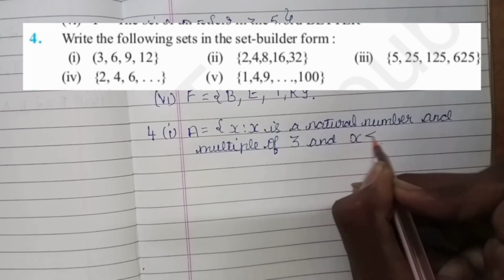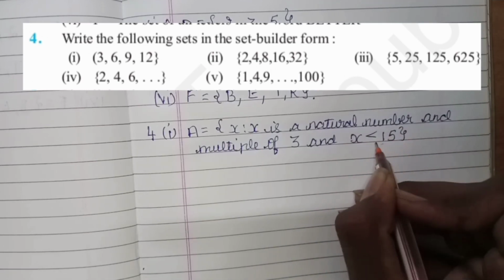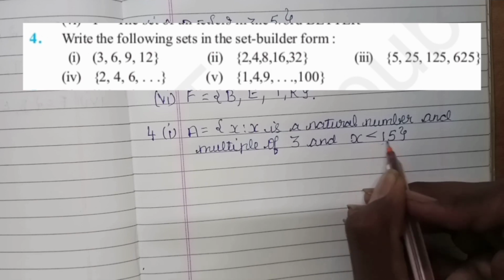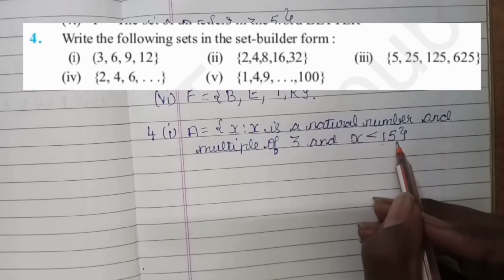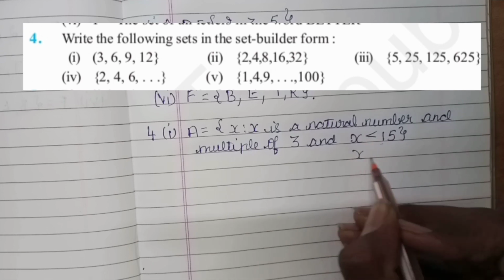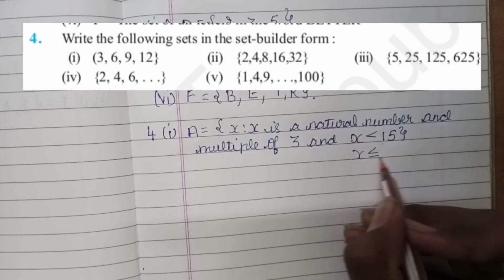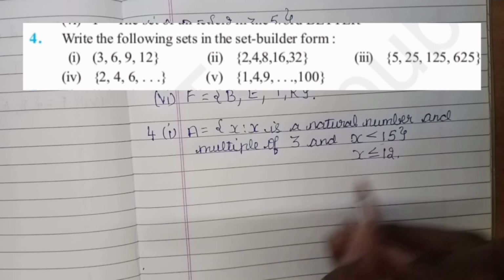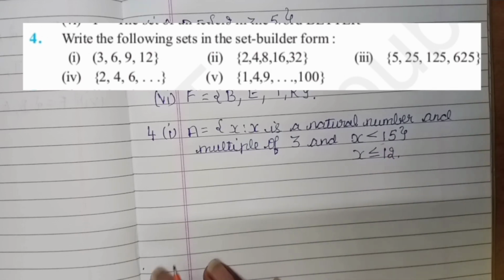We'll write it, x should be less than 15. The equality sign should not be written because 15 is not included in the set, or you can write it as x is less than or equal to 12. Either of these two you can write.